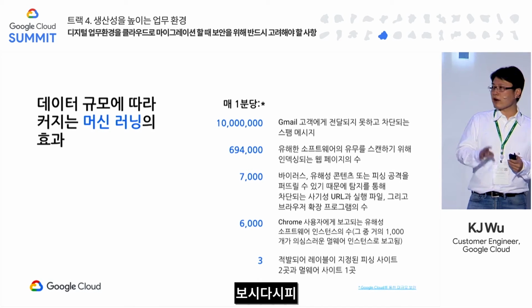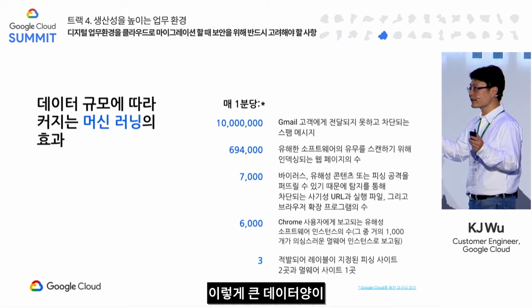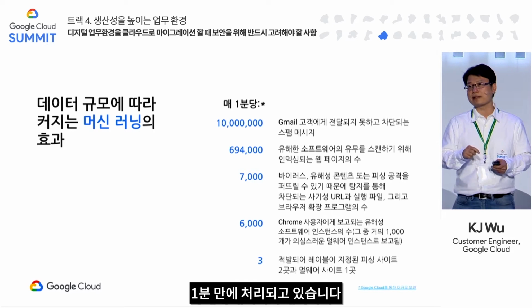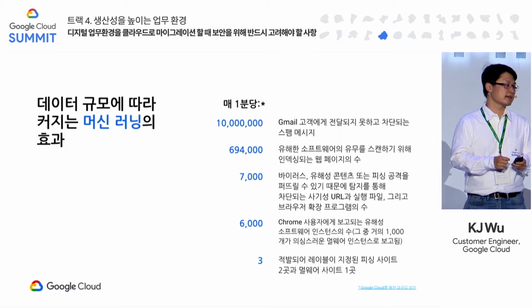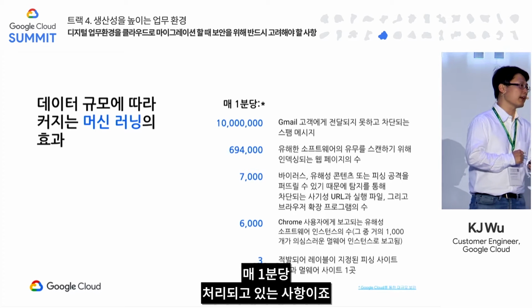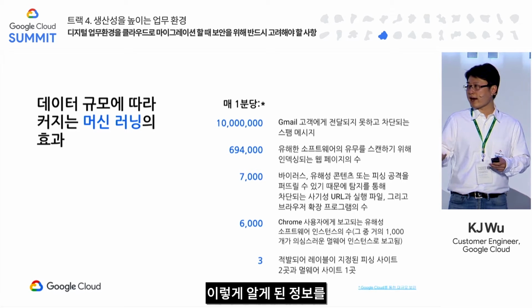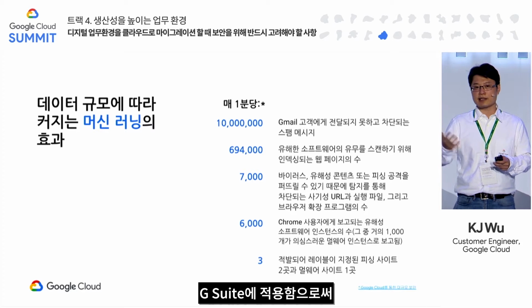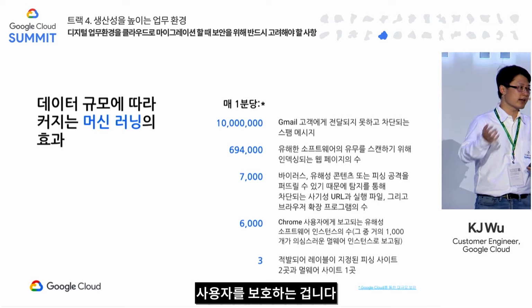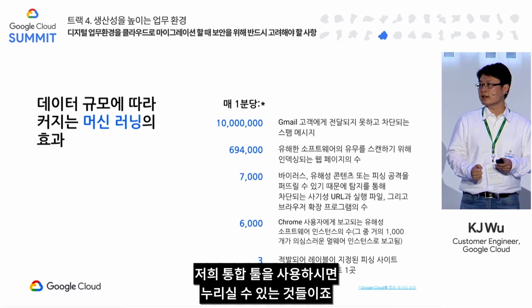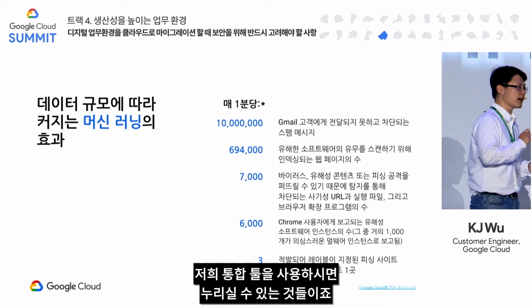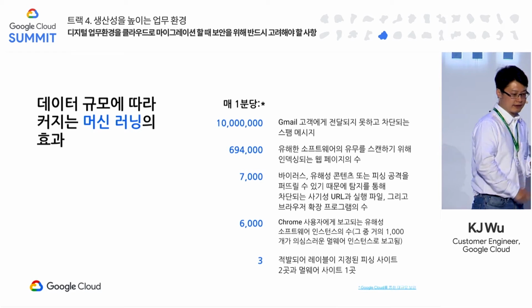So you can tell how big the data scale is. This happens every minute on our platform. We learn from that and apply those lessons and protections to the G Suite platform. That's what you get from our collaboration tool.